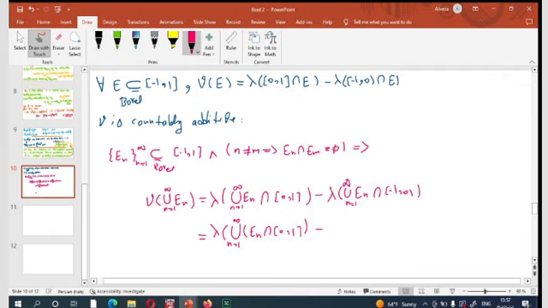And the second is this set, the union of En intersect by minus 1 0. Okay, minus 1 0.